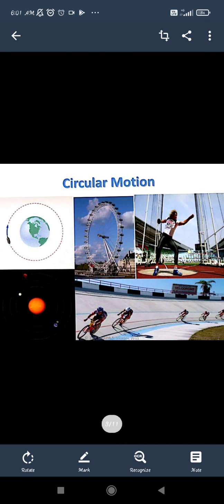Okay, and here are the examples which we have seen: it may be the motion of planets around the sun or the motion of satellites around the earth. Like the earth moving around the sun is also circular motion, and satellites moving around the earth is also circular motion.